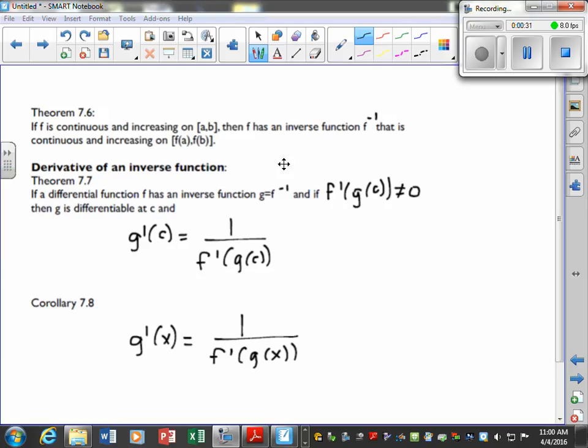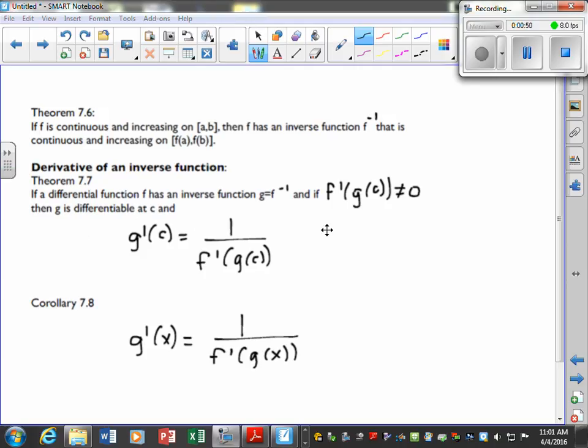And then the derivative of an inverse function. So this is the new portion. What we've done previously in this lesson has just been the review of inverse functions that we've done in college algebra and also pre-calculus. But now we're going to do the derivative of an inverse function. So it's going to be defined by this.